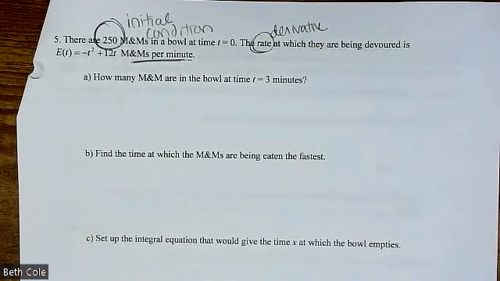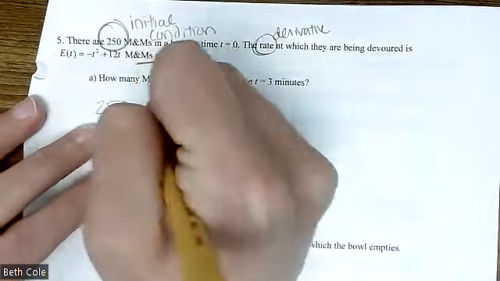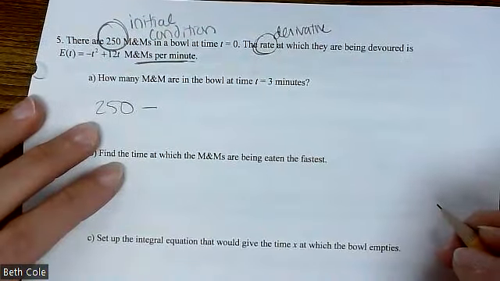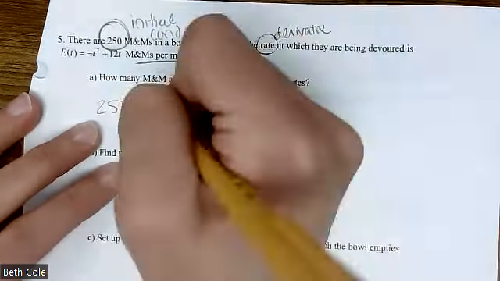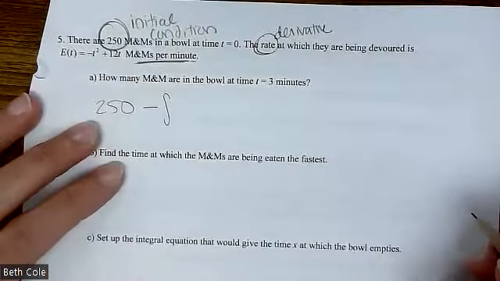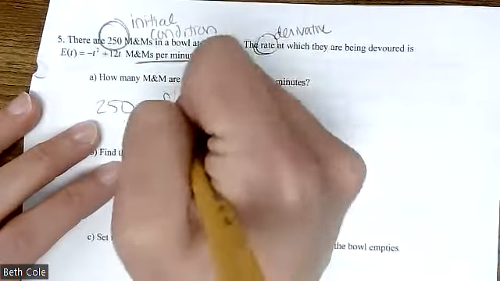How many M&Ms are in the bowl at time 3? It's accumulation. How many M&Ms have been accumulated or de-accumulated, because we're eating them, at time 3? Well, how many did you start with? 250. And we're going to subtract how many got eaten, which is an integral. So it will be from when to when? 0 to 3.